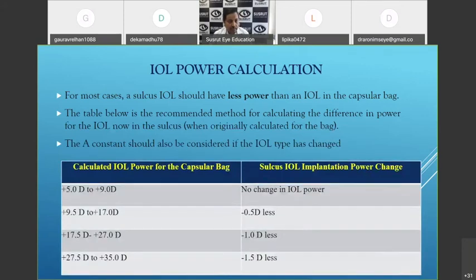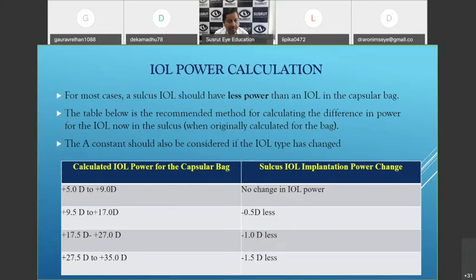Now, a few dilemmas are there. Usually when we put the IOL, in case of sulcus, it is mostly preferred. Nowadays this iris fixated IOL is also getting popular. So these numbers are less, but always keep in mind that a constant also has to be kept in mind while we are calculating, when we are changing the plane.